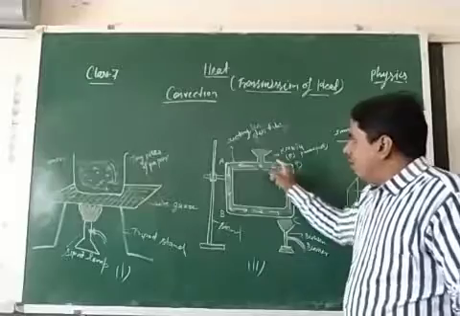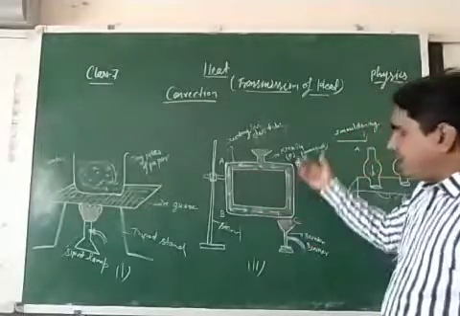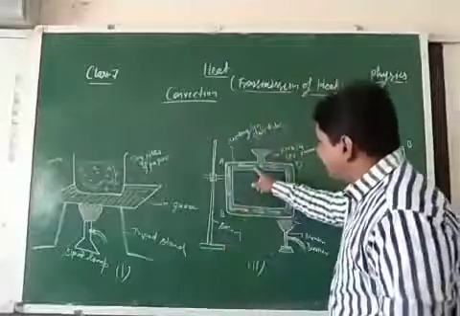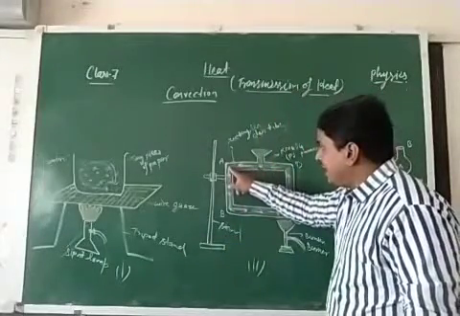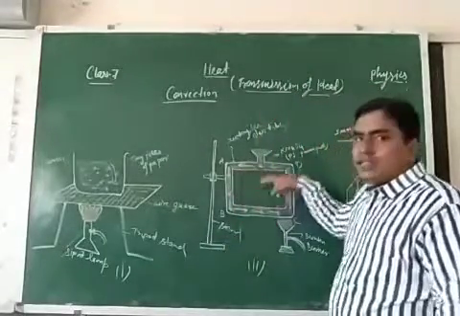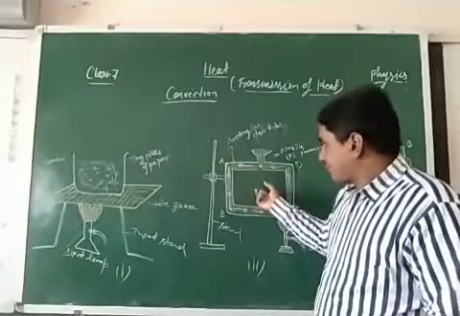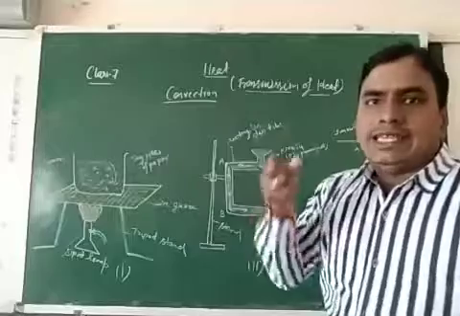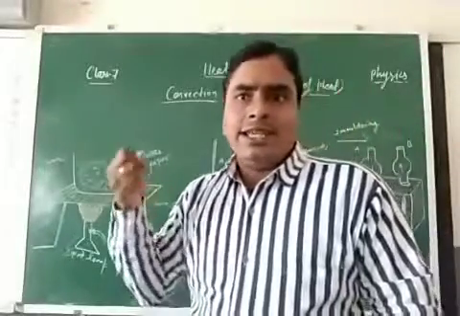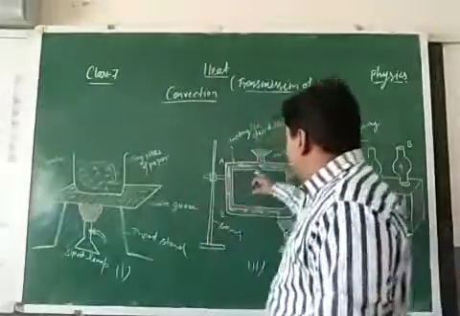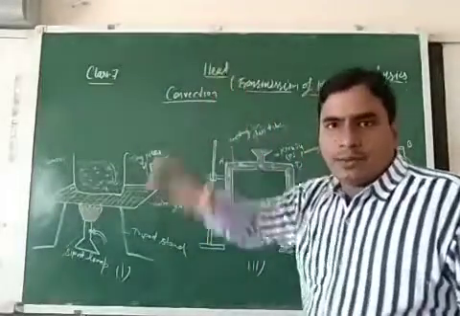How? When it gets heated, the volume of the potassium permanganate inside the rectangular glass tube increases, so its density decreases. We know that if any body's density decreases, it rises, and the cooler, denser part falls down.